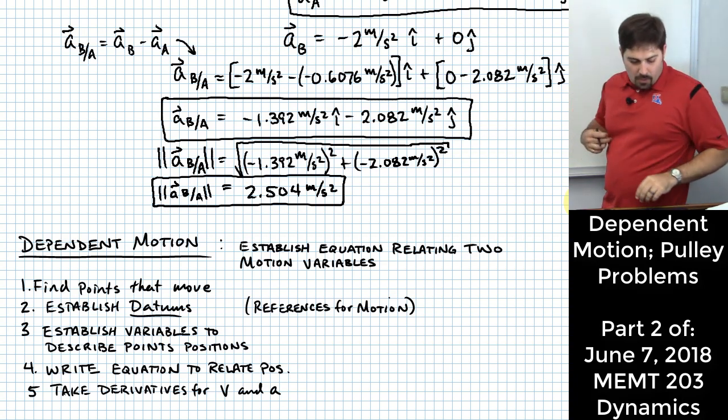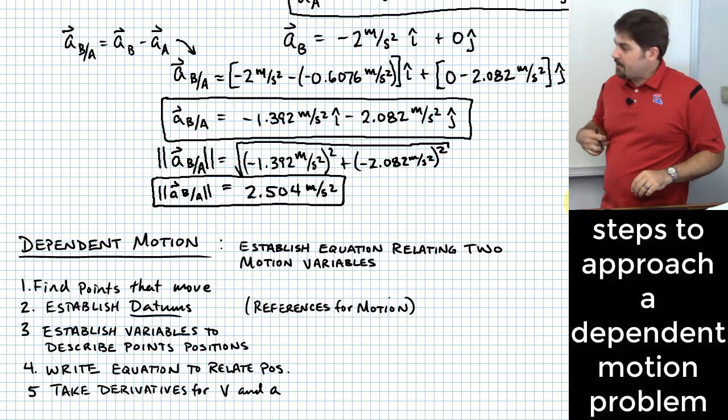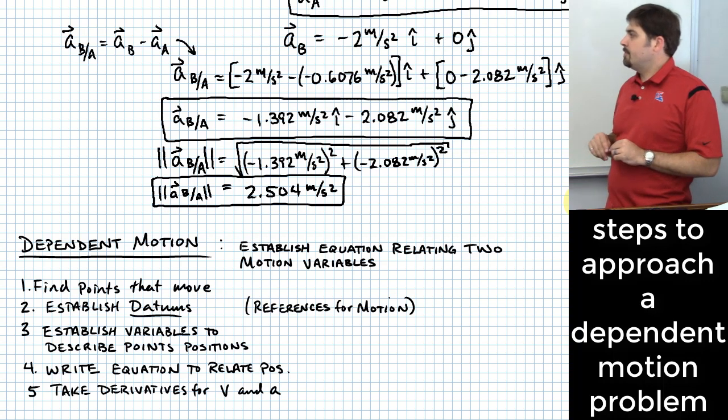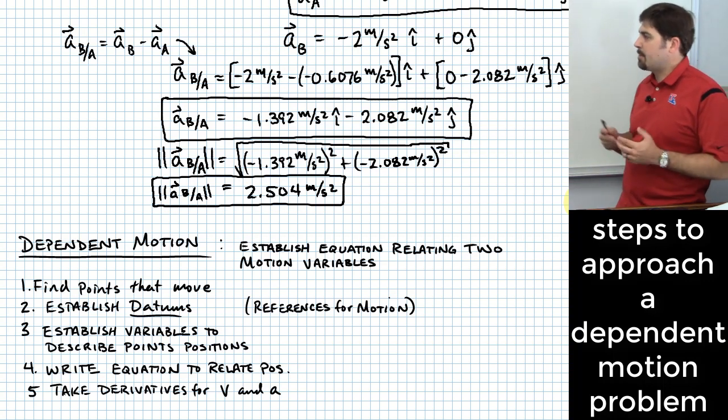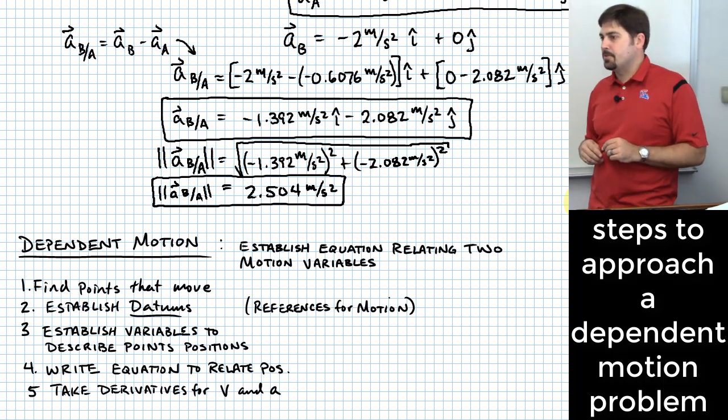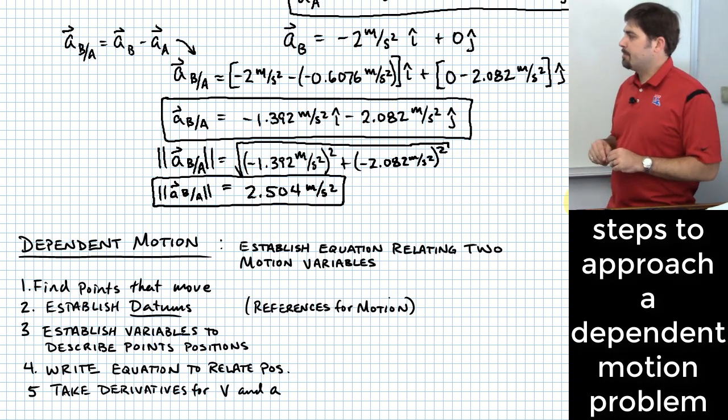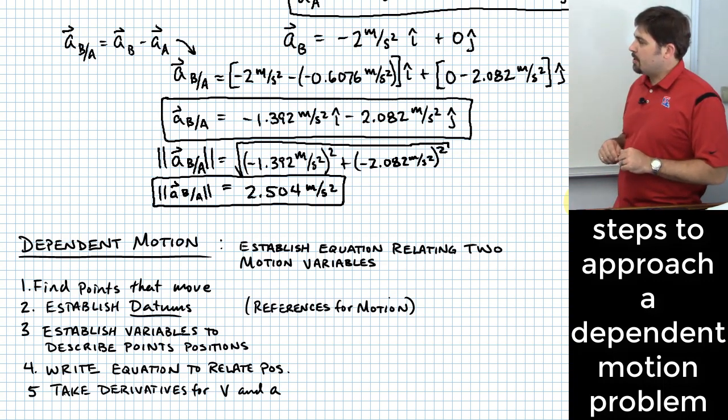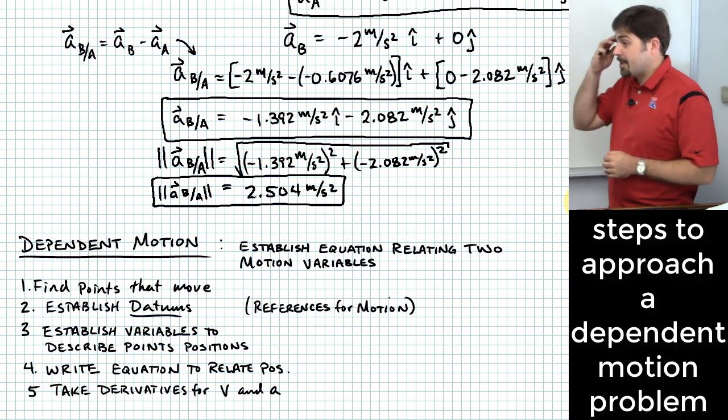Okay? When you are doing this, there's a set of steps that we can go through in order to set up the math that helps us do these descriptions of motion. The first one that's recommended here is you find a few points in the mechanism that are moving that might seem like key points, right?